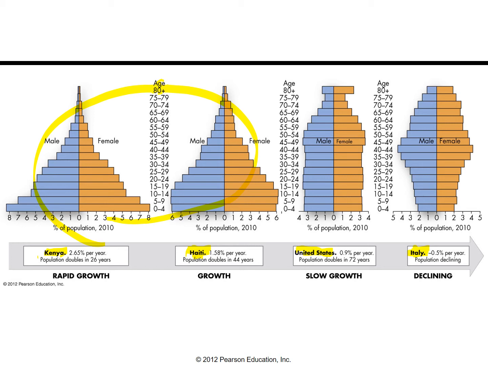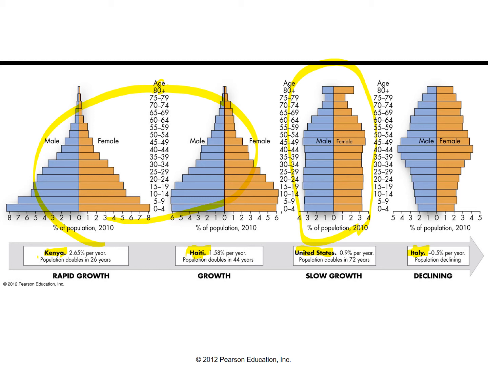In the United States, our population distribution across different age categories is much more uniform, which means that we're probably in a situation to have a more consistent growth rate in future decades.